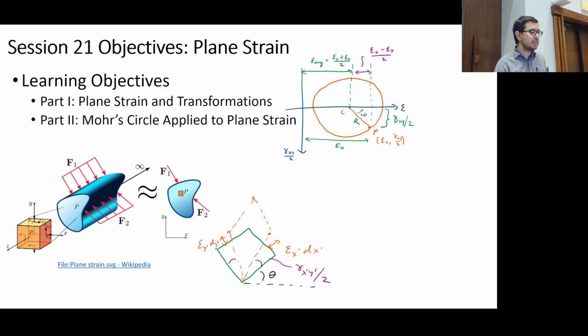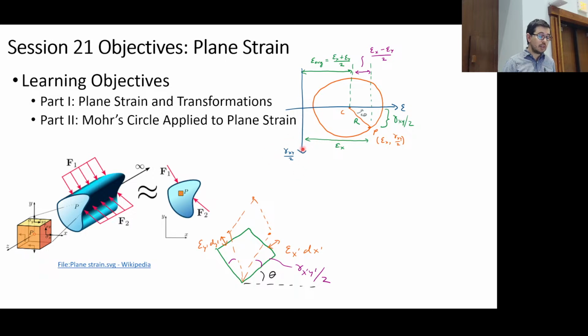There's a little hiccup that sometimes throws people off, and that hiccup is, let me get the laser pointer, it's right there. Foreshadowing, it's the gamma xy over 2. And that's what you'll see, it's right there too, gamma xy over 2.